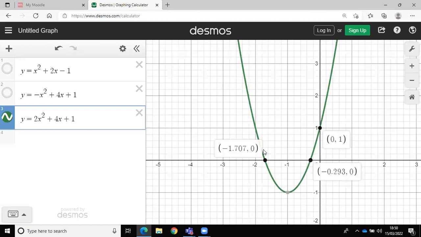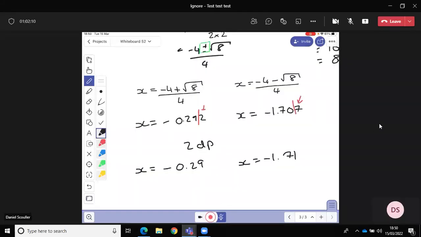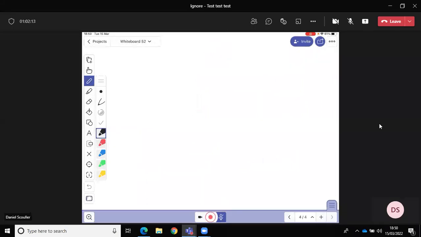I've mentioned that b squared minus 4ac bit a couple of times, and it's for a reason and we use it. Now, I'll first tell you that b squared minus 4ac is called the discriminant.